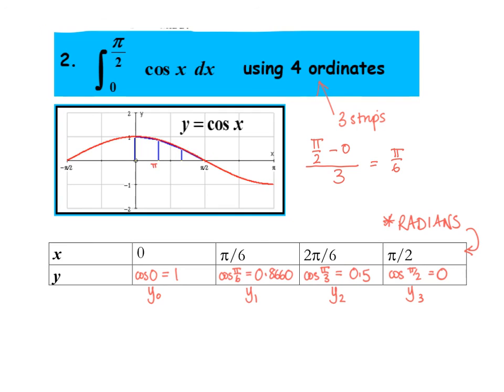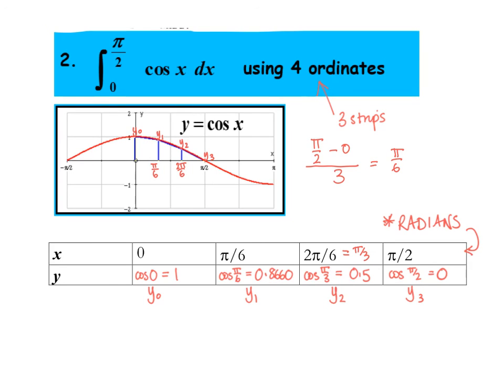So that's pi by 6, 2 pi by 6, which is pi by 3, and then 3 pi by 6, which is just pi by 2. On your calculator, if you put these values in for x, you will get your y0, y1, y2, and y3, and we can see that from our diagram.